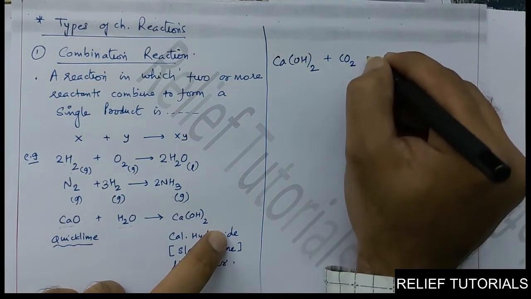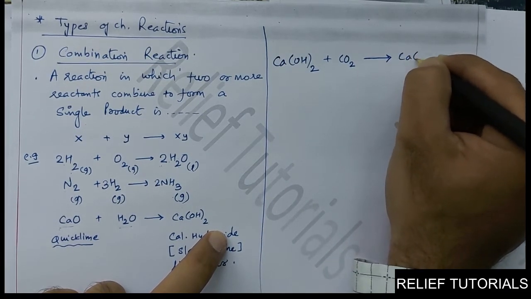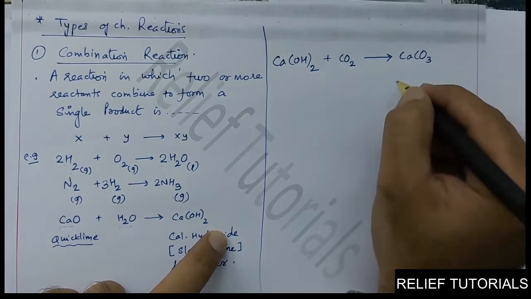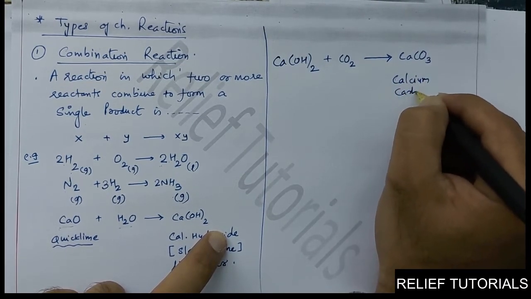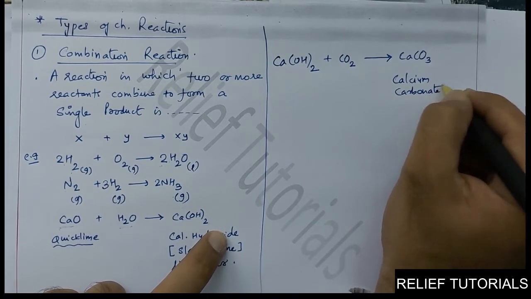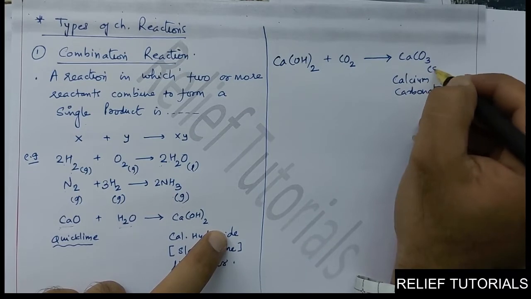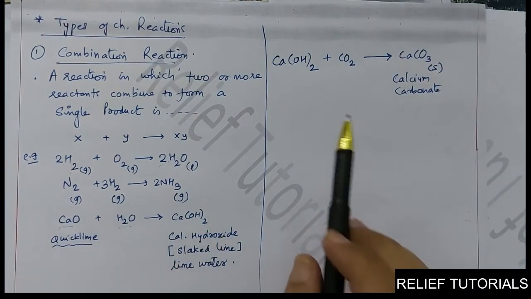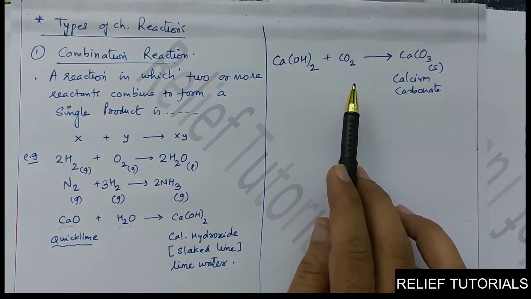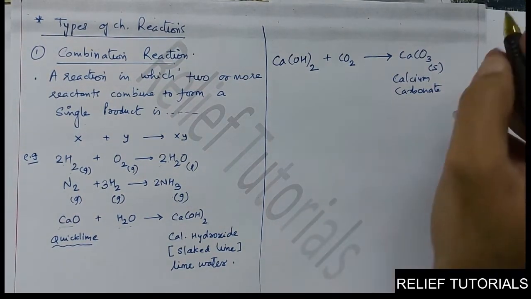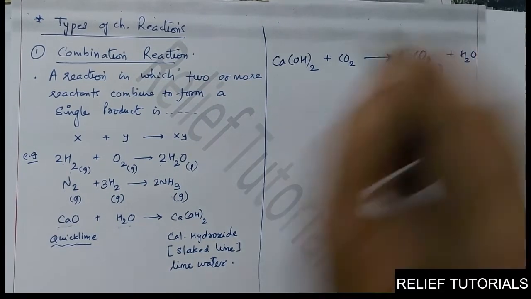They react with each other and form CaCO3, calcium carbonate. A thin solid layer of calcium carbonate is formed by the reaction of applied Ca(OH)2 and the carbon dioxide of the surrounding, and water is released. H2O is released.